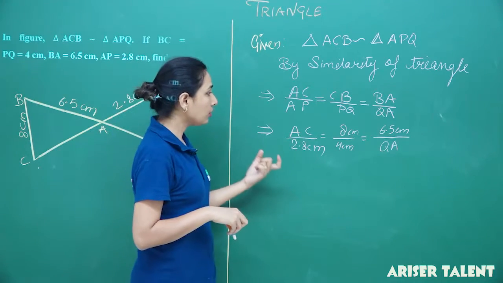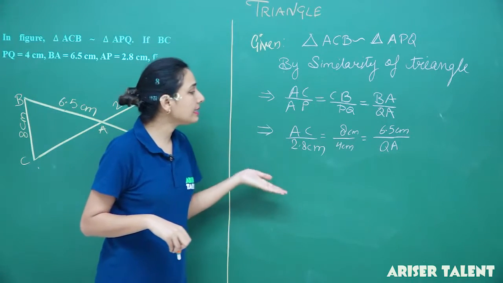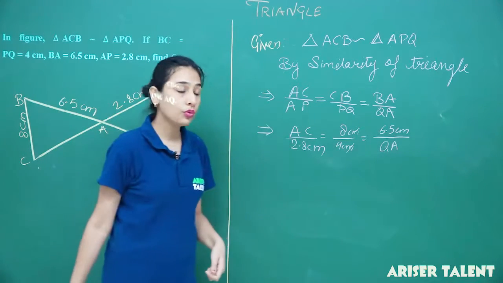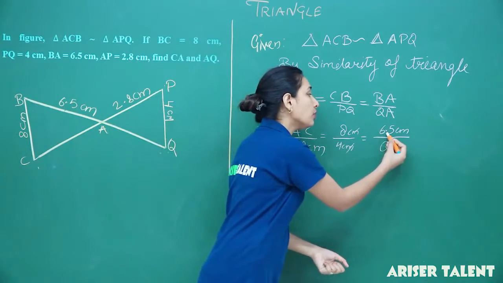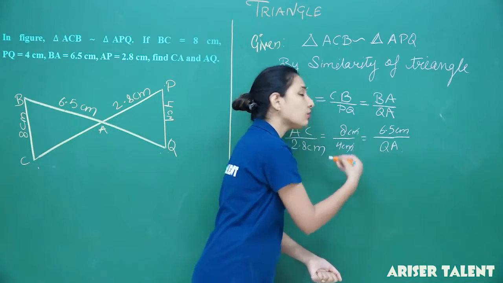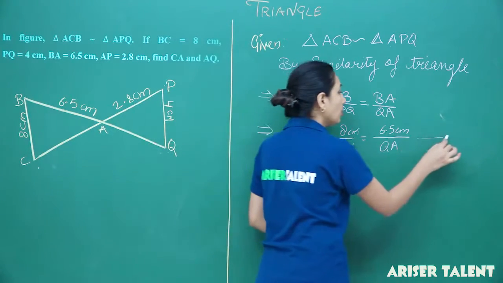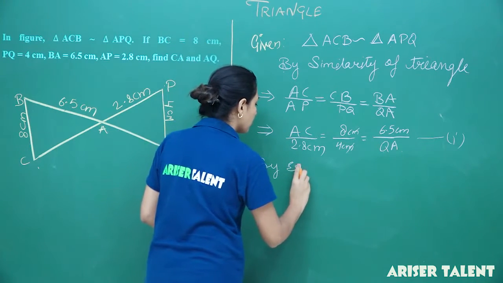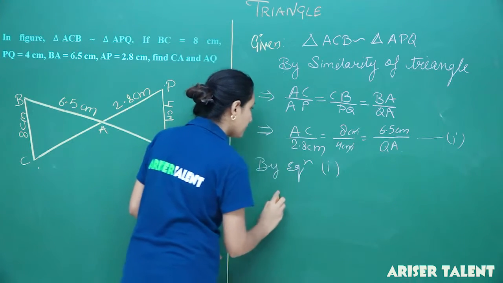Now you will conclude that AC by 2.8 centimeters is nothing but what? 2, and ratio of 6.5 centimeter to QA is also 2. So by equation 1, what we get?